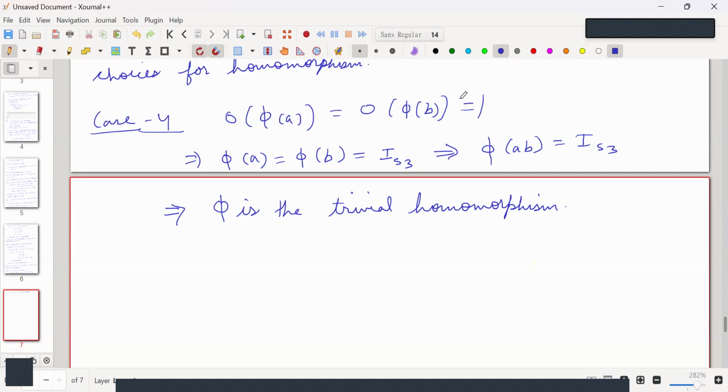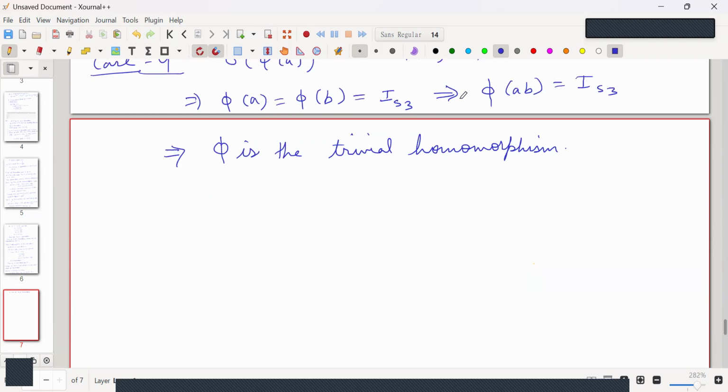You map the generators to certain elements, keeping all the factors in mind, and that will fix the image of all other elements. So you have no choice for the other elements. If you fix the image of some other element without considering the image of the generating elements, then you might not end up with a homomorphism. Okay, sir. Got it.